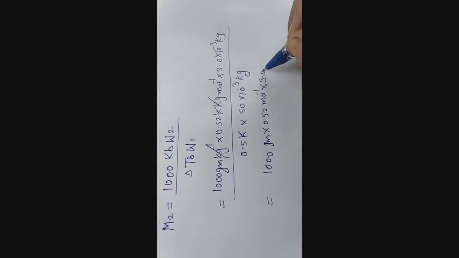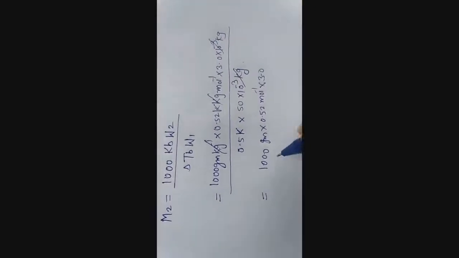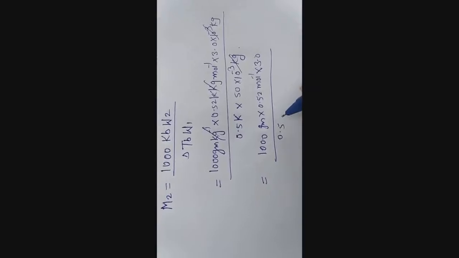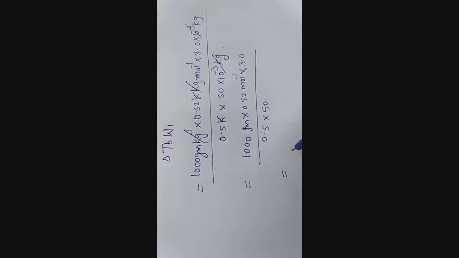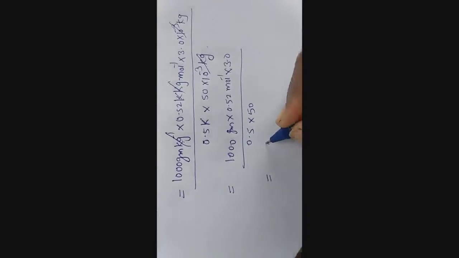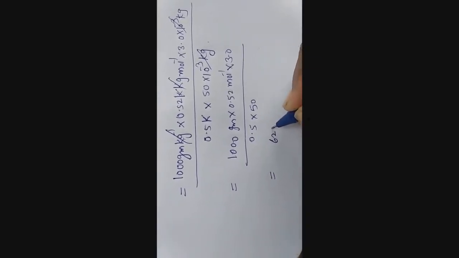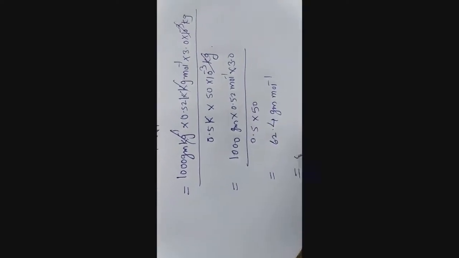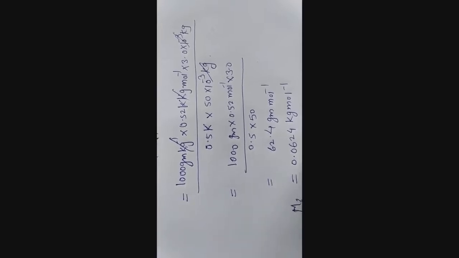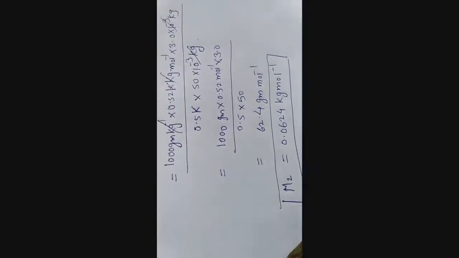Here 3.0 into 10 to the minus 3 gets cancelled, 0.5 into 50, and the value of this one by solving we are getting is 62.4 gram per mole, which is equal to 0.0624 kilogram per mole. That is the value for M2, and M2 is nothing but the molecular weight of solute.